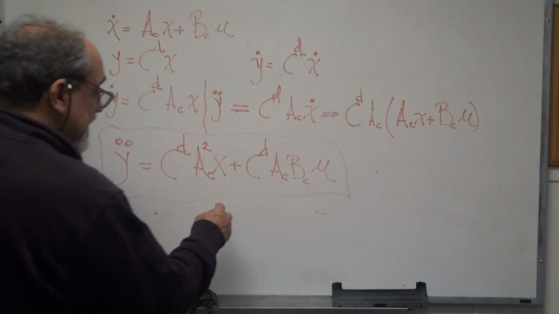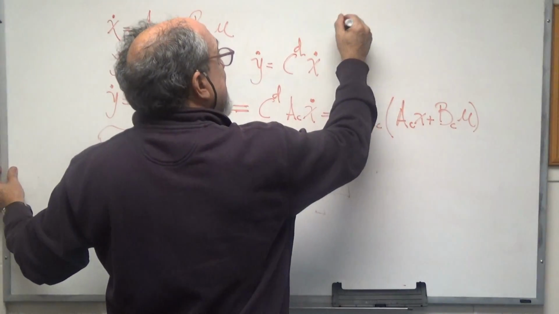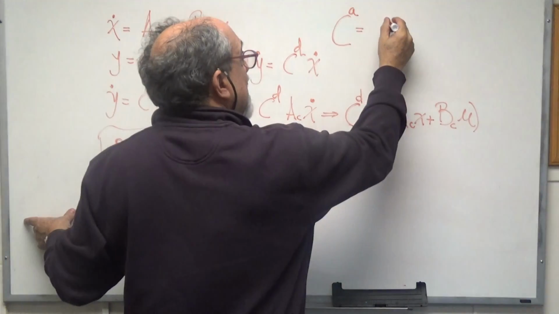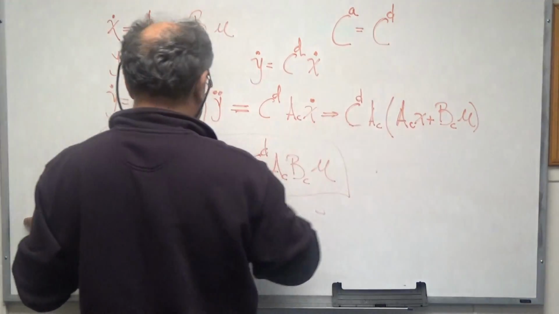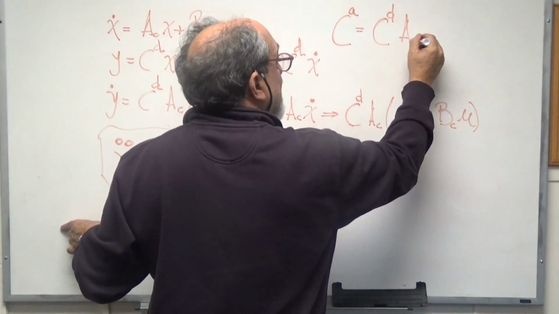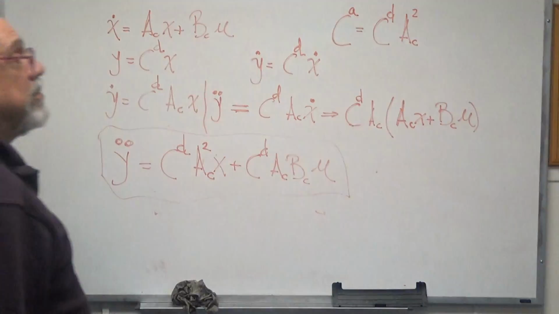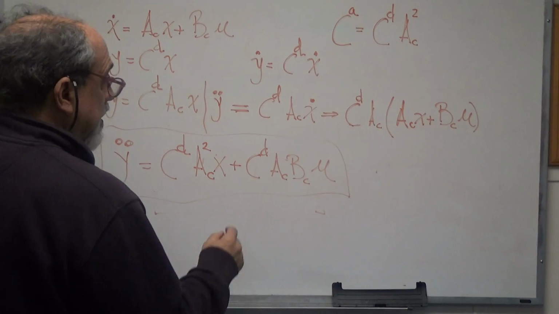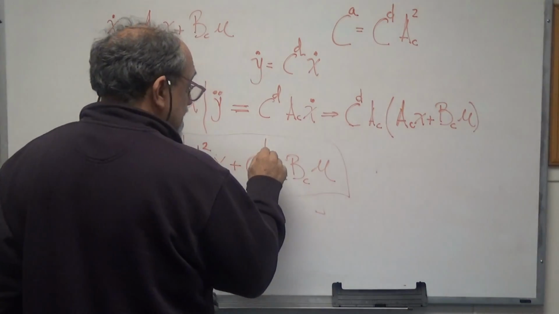So that means that you can say that the C for acceleration is just the C for displacement times AC squared, right? But even more, we got something even nicer here, or just as nice.